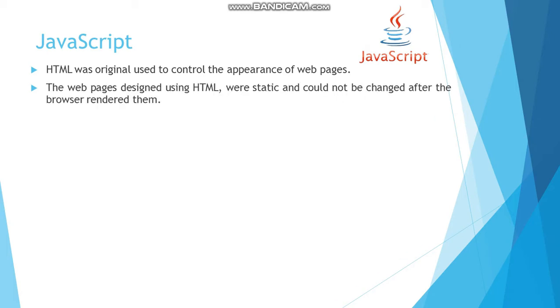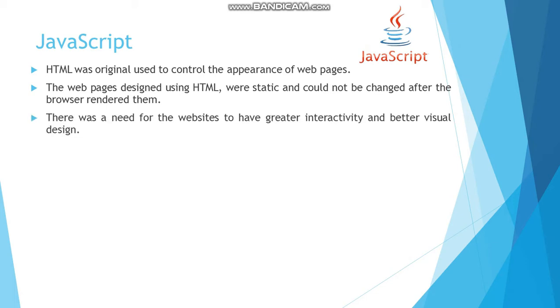The web pages designed using HTML were static and could not be changed after the browser rendered them. So when the browser shows the information, you cannot make any changes in the information. So there was a need for websites to have greater interactivity and better visual design.